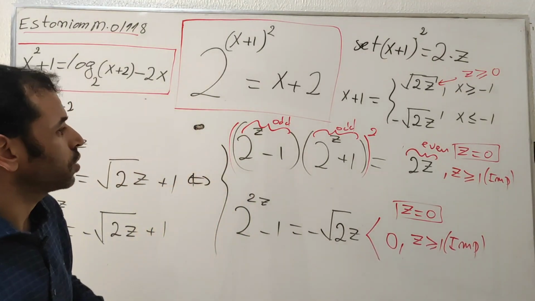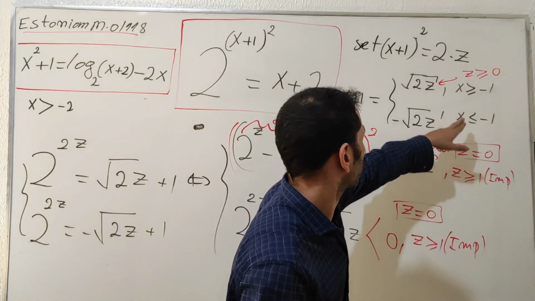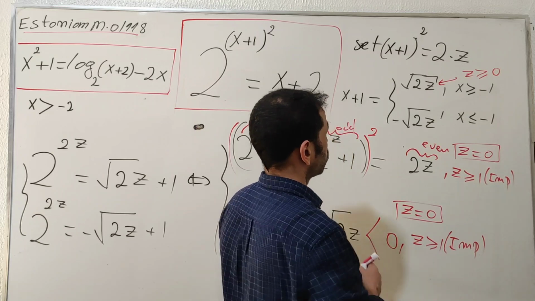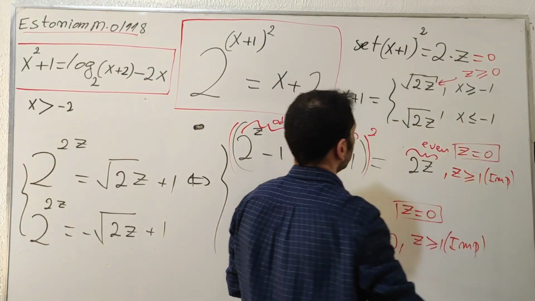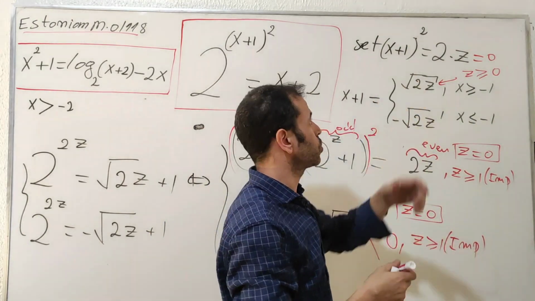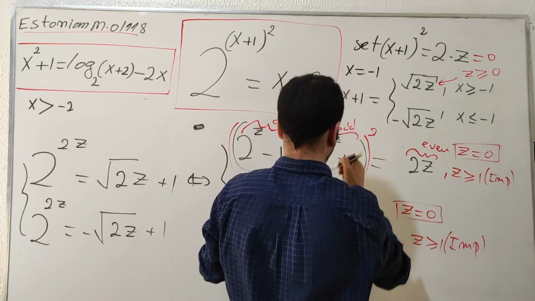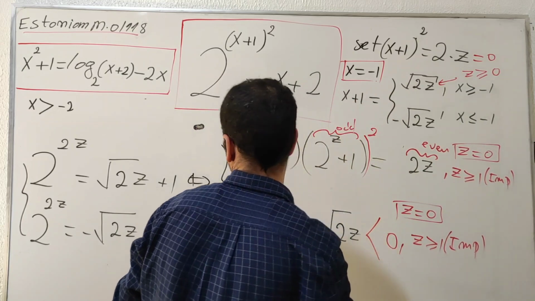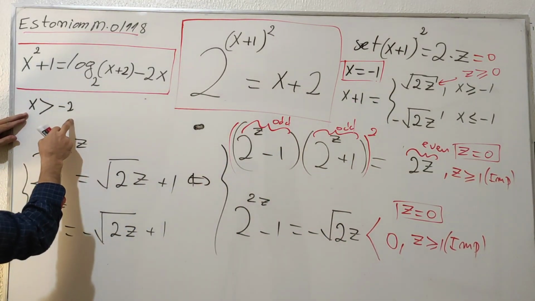Which means z equals 0 is a solution for this equation. But remember, we are not working for z as a variable, we are working on x as a variable. So in order to solve this equation, I simply replace z with 0. If z equals 0, this one equals 0. If this one equals 0, which means x equals minus 1. x equals minus 1, we are fine because we are still working in the domain range.